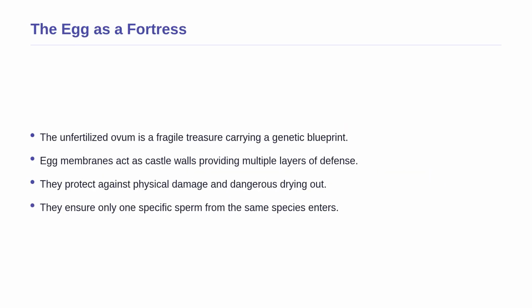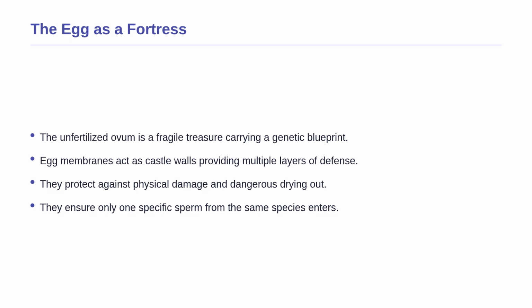Now that we know what we are studying, let us build an intuitive picture. Imagine a king's crown sitting in the middle of a dangerous world. You would not leave it exposed. You would build walls, moats, and gates. In biology, the ovum is that precious treasure. The egg membranes act exactly like those castle walls.